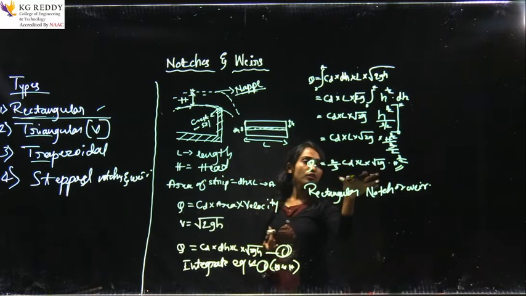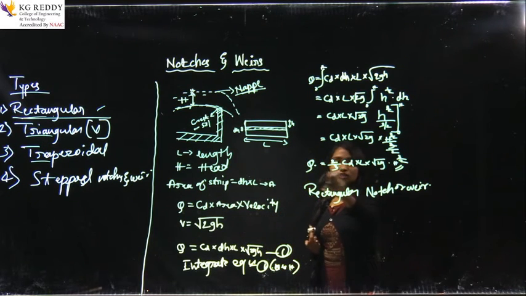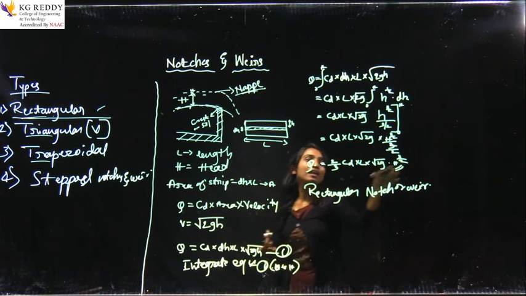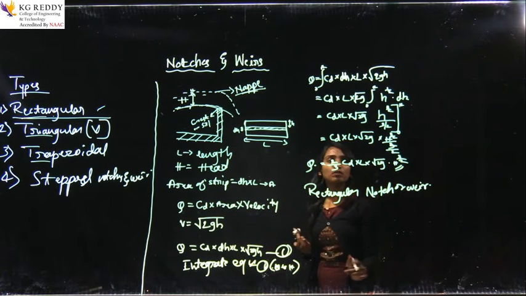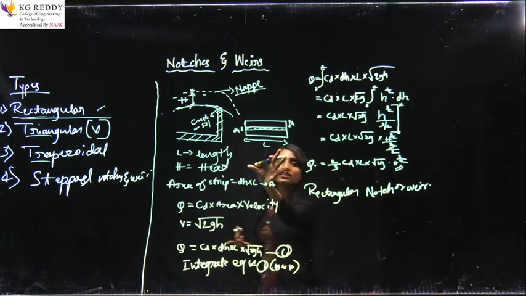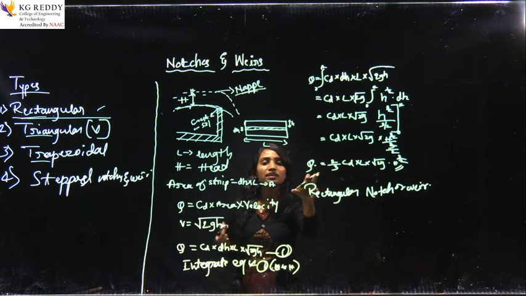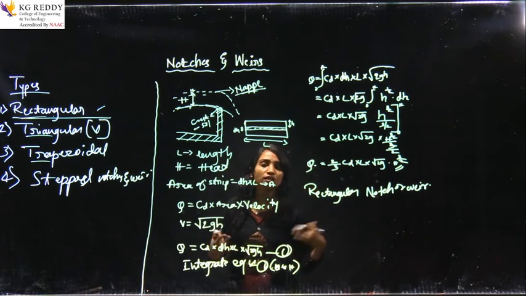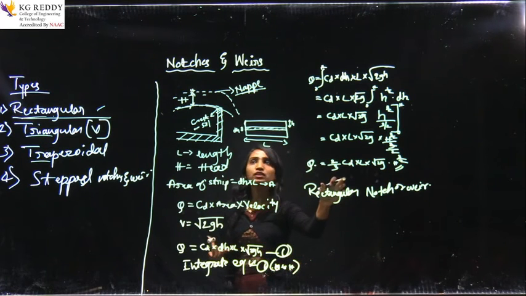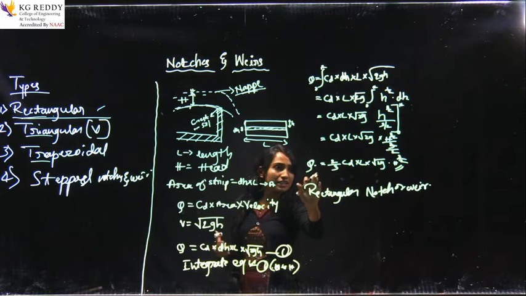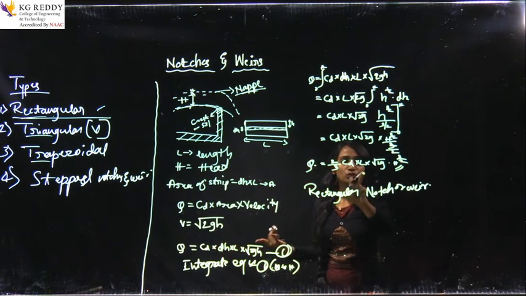Here you can observe how the discharge depends upon the length of the weir and head. This is directly proportional. If the length increases, what will happen? The discharge increases. The more water comes, the more water discharge we can get from the outlet. It means the discharge is directly proportional to the length.